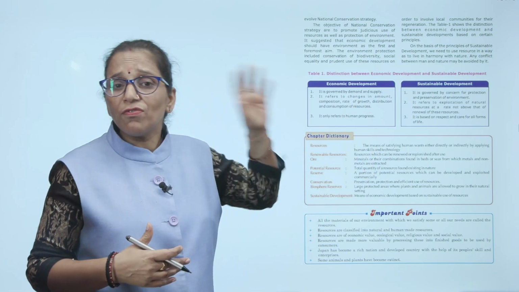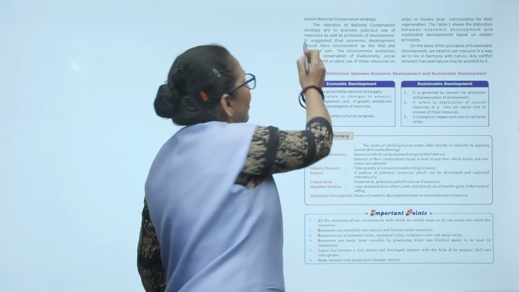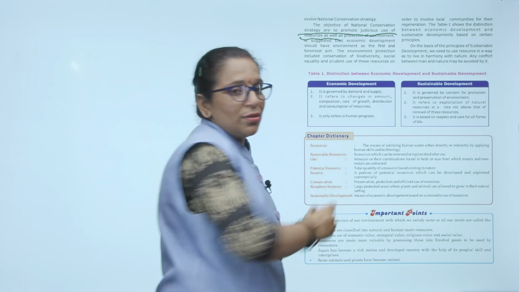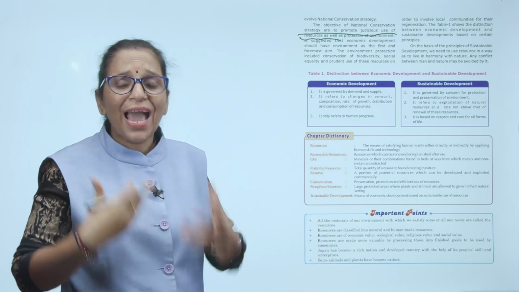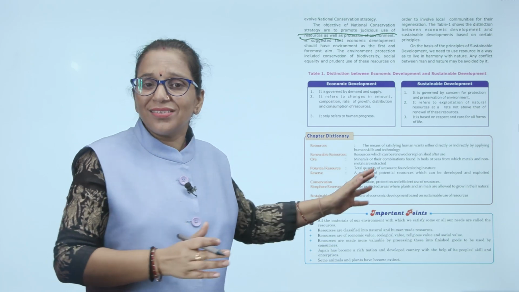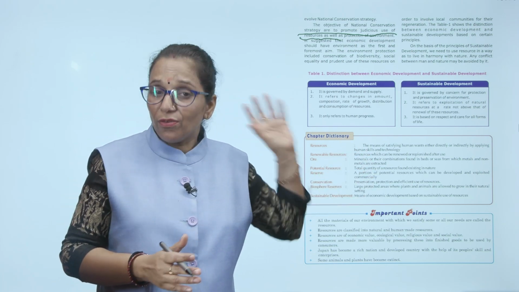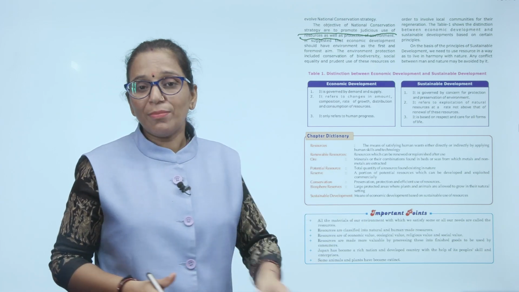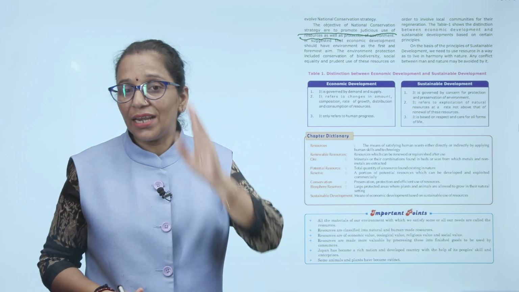The objective of the national conservation strategy is to promote judicious use of resources. Because see, resources we have to use, but in a planned manner, in a judicious manner. So it suggested that economic development should have the environment as its first and foremost aim. The environment should not be harmed at any cost.